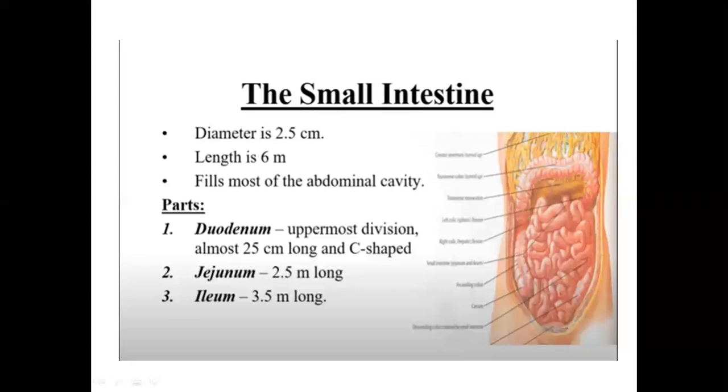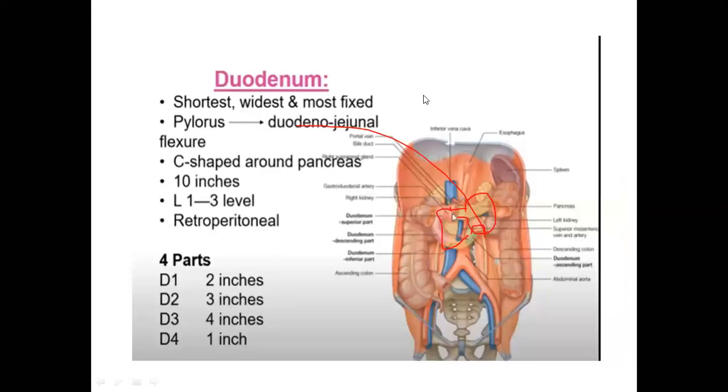Ma'am, 2 and 3 are retroperitoneal, 1 and 4 are intraperitoneal. Any other answers? Mainly it's retroperitoneal, but some part of it is intraperitoneal as well.